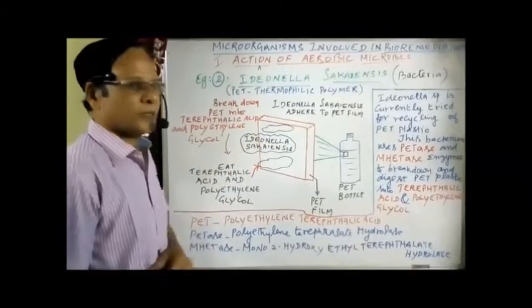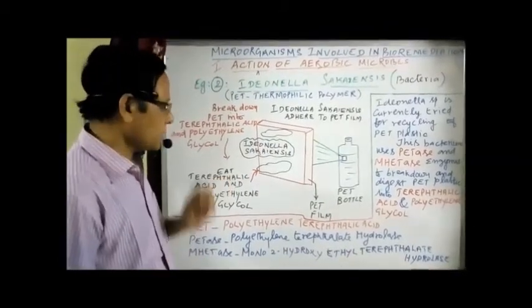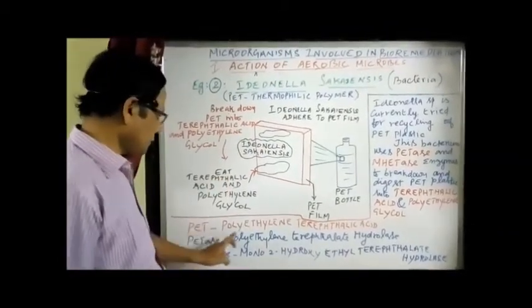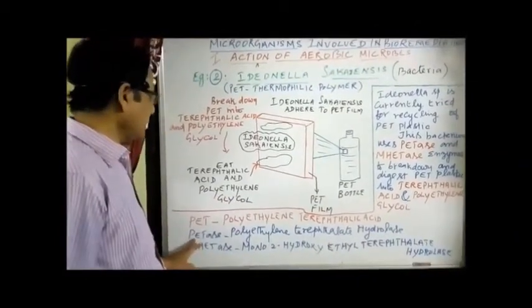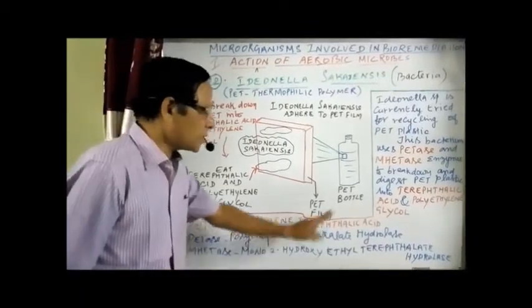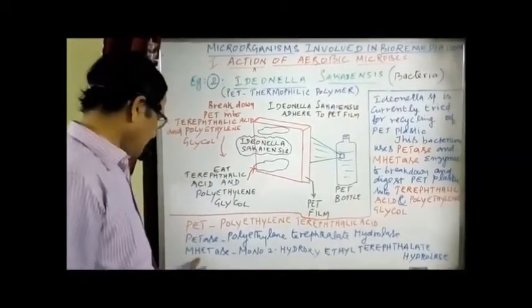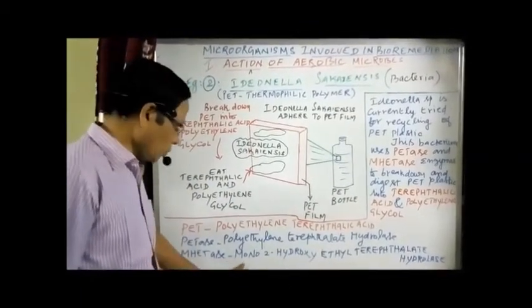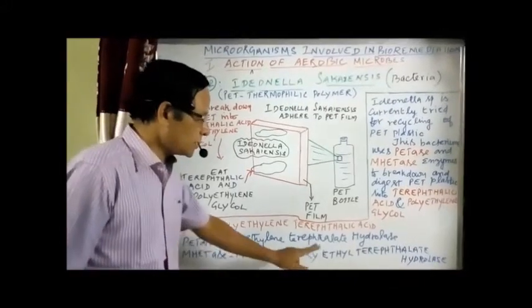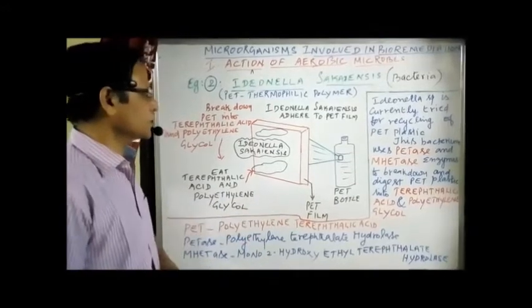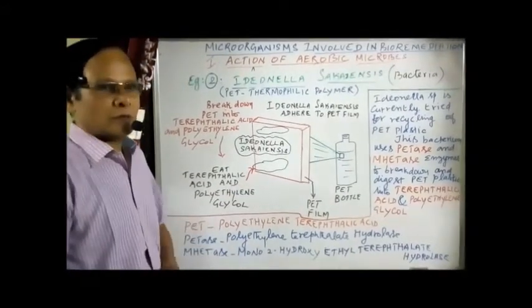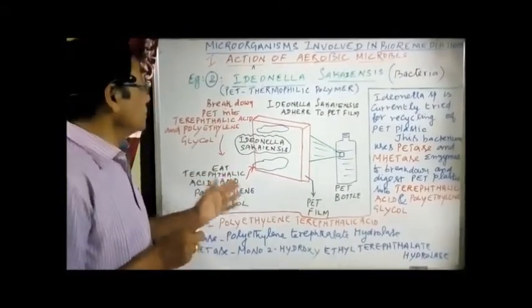This is what is happening. Now I mentioned PET, referring to polyethylene terephthalate. Now PETase, polyethylene terephthalate hydrolase enzyme. Then MHETase, mono 2-hydroxyethyl terephthalate hydrolase. These are the two enzymes. Now what is happening first?